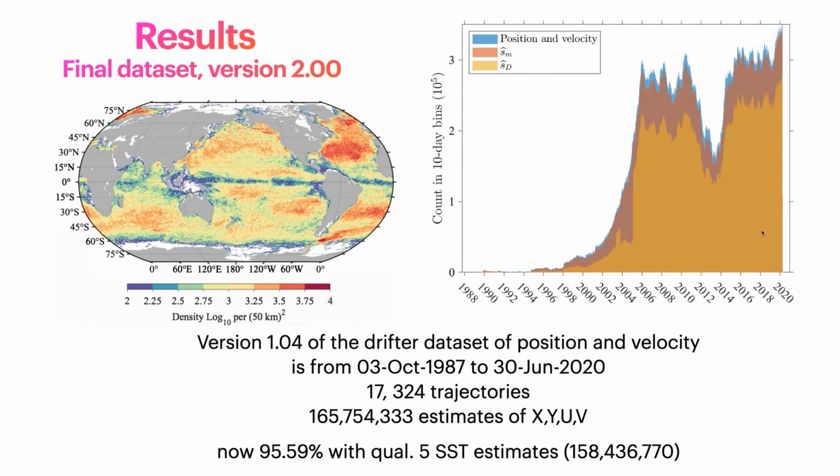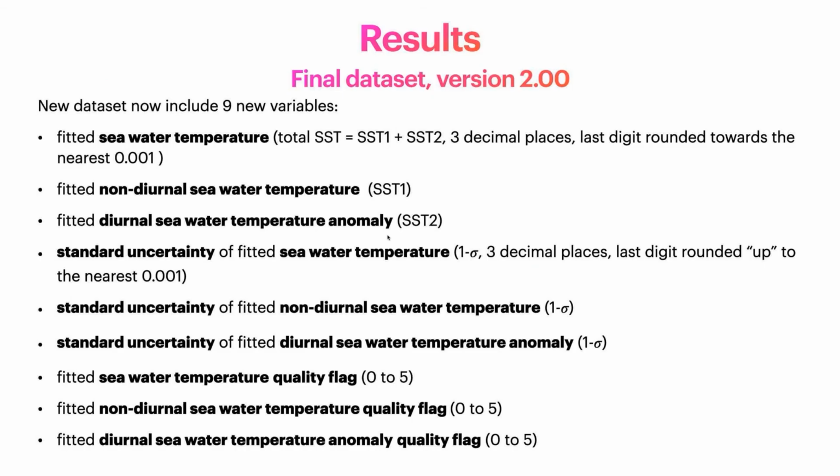So here I'm showing you a histogram of the highest quality estimates that we have as a function of time. And you have fewer quality 5 estimates for the diurnal component compared to the total component. And on the left you will see a density of observations of quality 5 SST estimates at hourly time step along drifter trajectories.